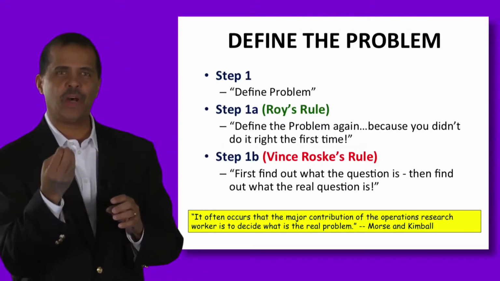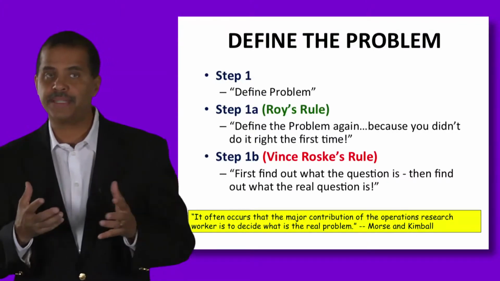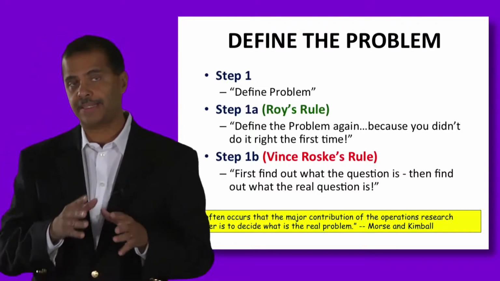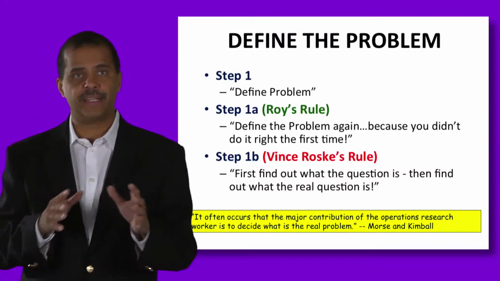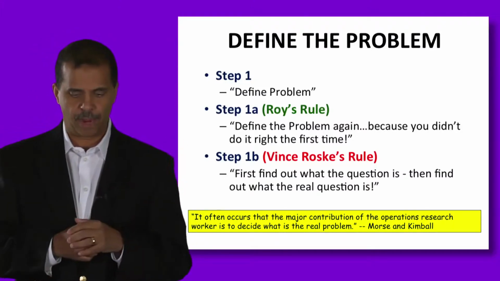Does that come to your consciousness? And how do you categorize that? Business as usual, or is it a problem? Is it an opportunity? Is it something that's desired, not desired? Is it out of variance? So the first step is defining the problem.